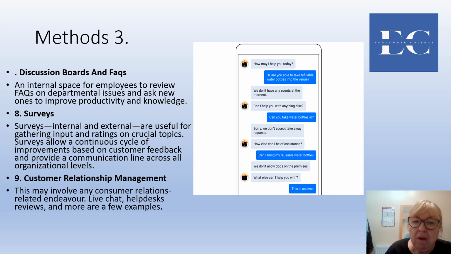Not all of them will do that, but if they do, it can be really useful. They can do an online discussion board, or a physical one in a hallway, or it can be circulated by email, or it could be something a little bit flashier using social media, where they send it around to all their staff, or send it outside as well to find out information. So discussion boards can be really valuable.